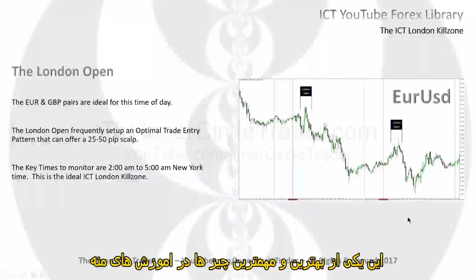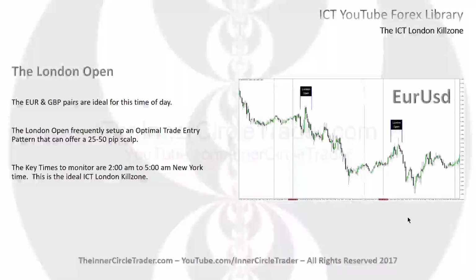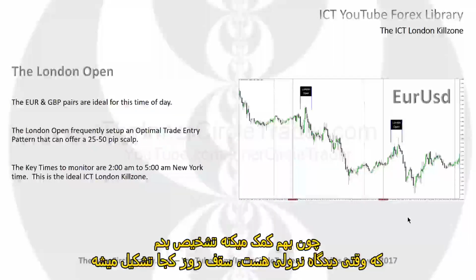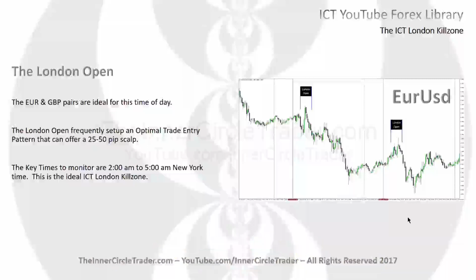Okay, this is one of the biggest things that a lot of students of mine and people that have just casually looked at my tutorials noticed. In my career, it was the biggest discovery because it helps me determine where, when I'm bearish, the actual high of the day is going to form.